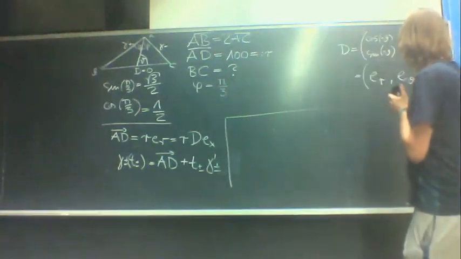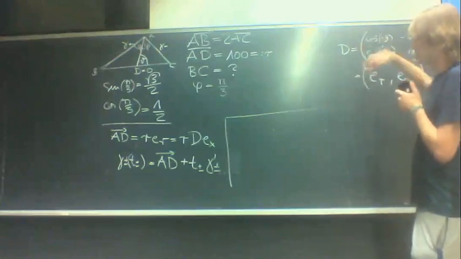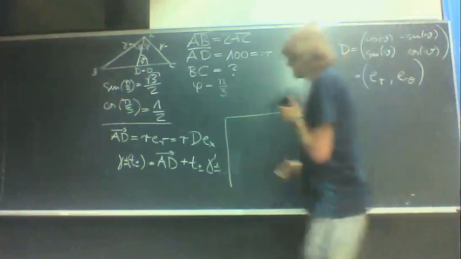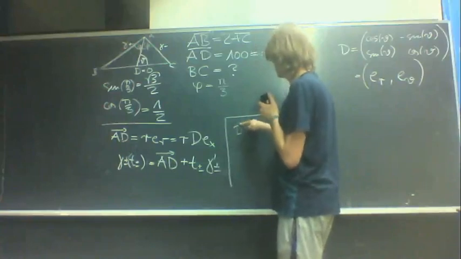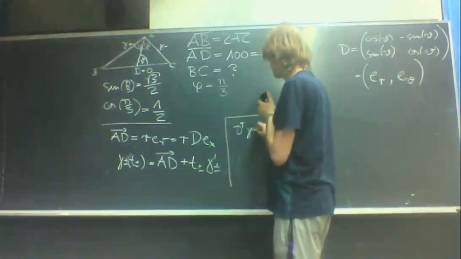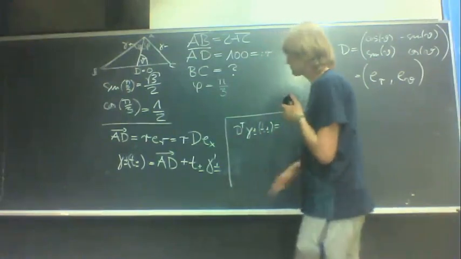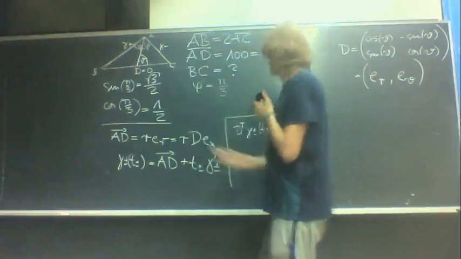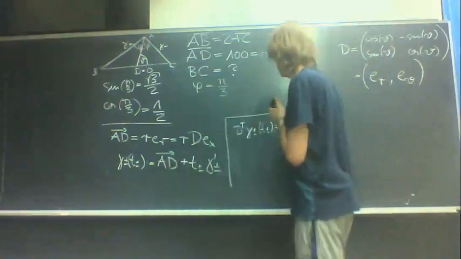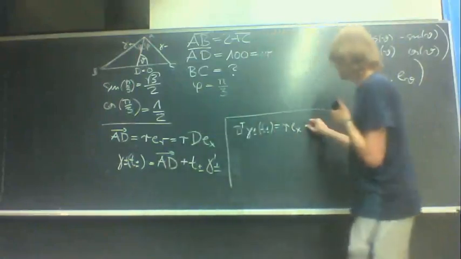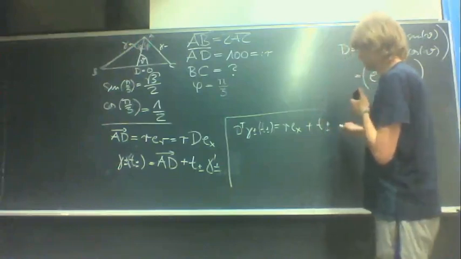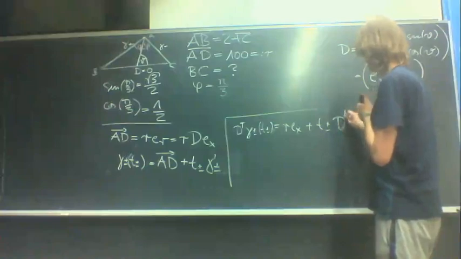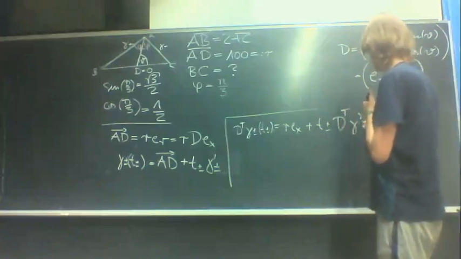If we take this and transpose the whole thing, we'll get the inverse rotation, and we say that D inverse or transposed of gamma plus minus of t plus minus will be, okay, if we take the inverse of ER, we will end up at EX, so R EX plus T plus minus D inverse gamma prime plus minus.